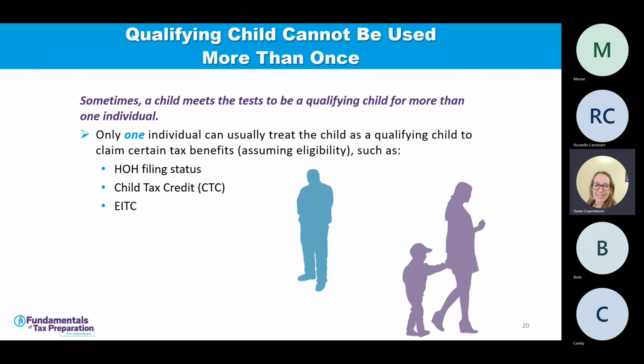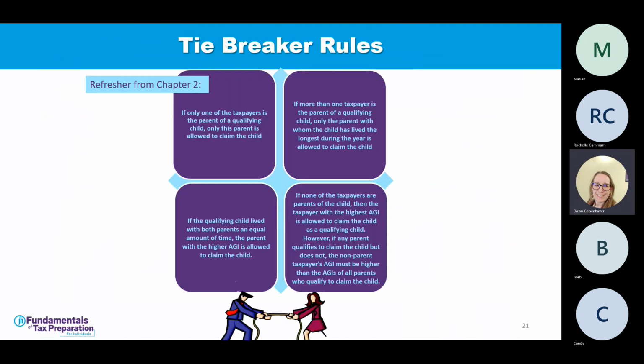Qualifying child cannot be used more than once. So sometimes a child could be the qualifying child for more than one individual, but only one person, again, can claim that child for benefits. So back in chapter 2, we have tiebreaker rules about who gets to claim a child as a dependent. If one of the taxpayers is a parent, that parent is allowed to claim the child.